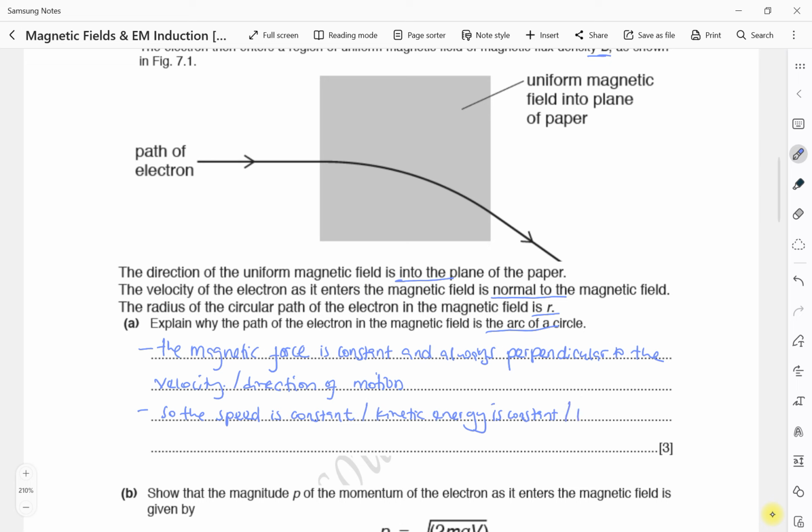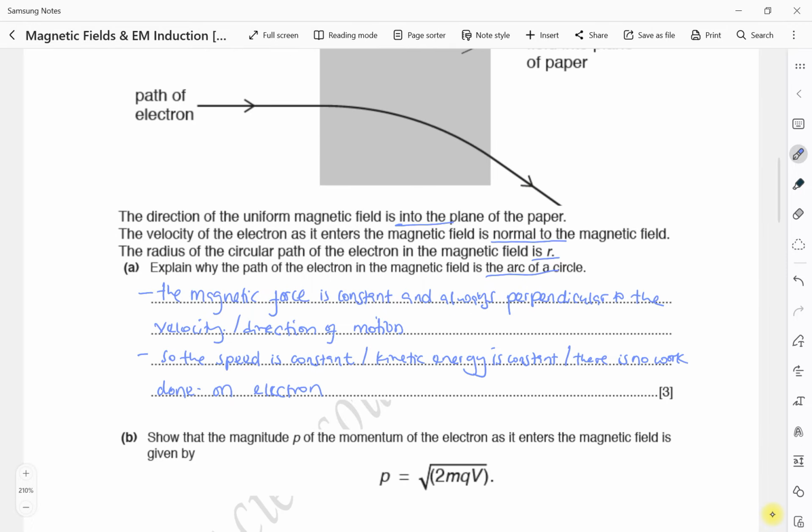I can say there is no work done on the electron.